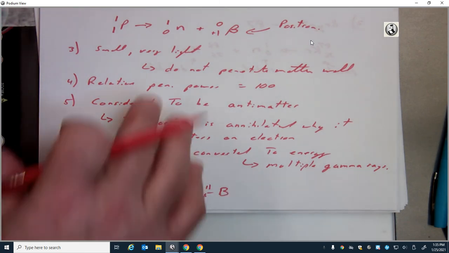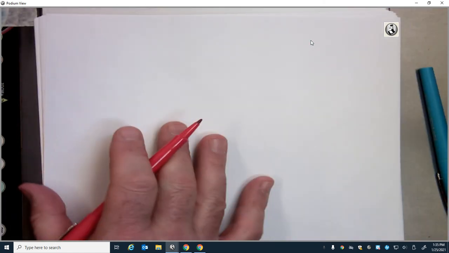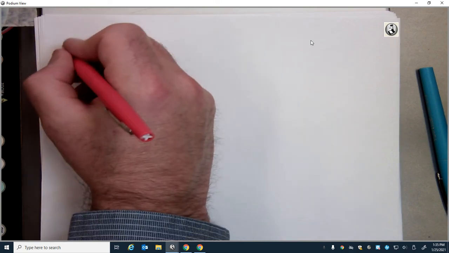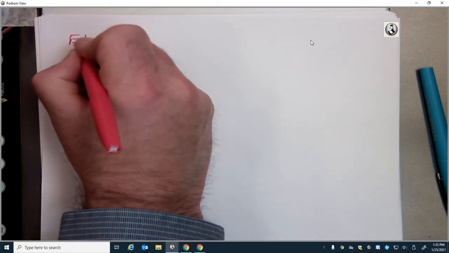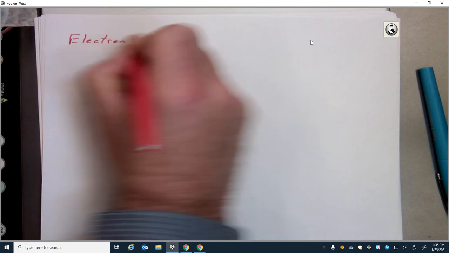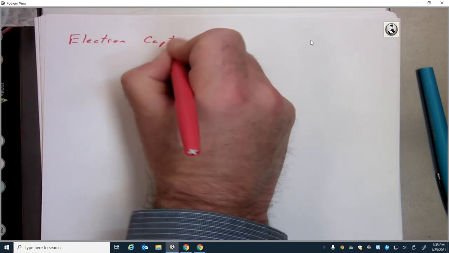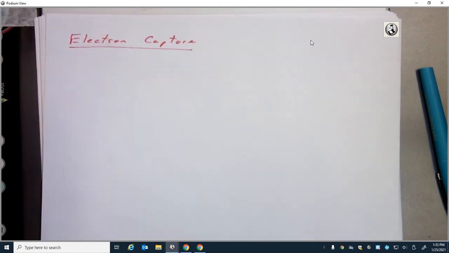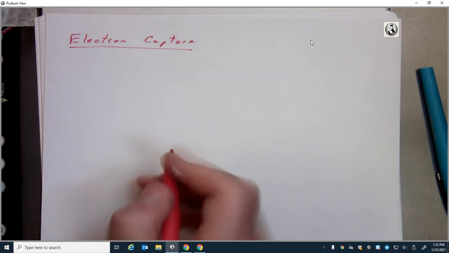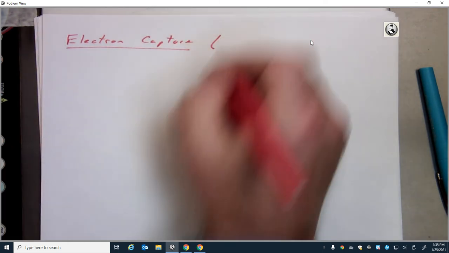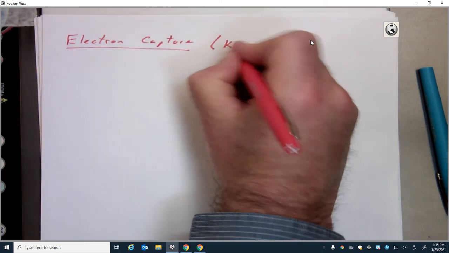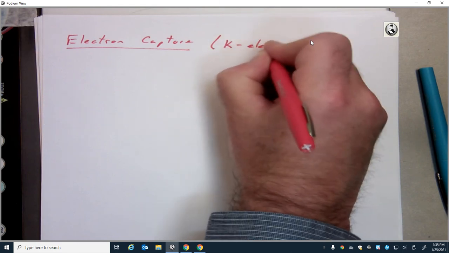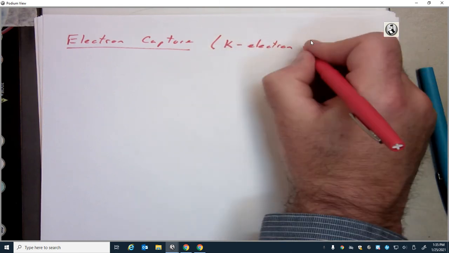All right, we've got two more types. Let's talk about electron capture. It's also sometimes called K electron capture.